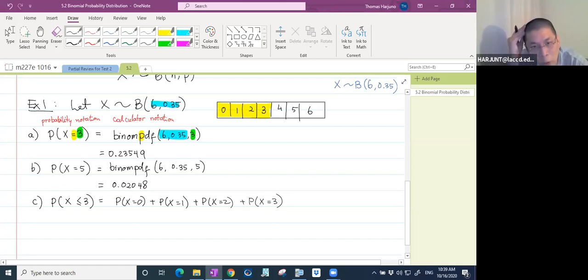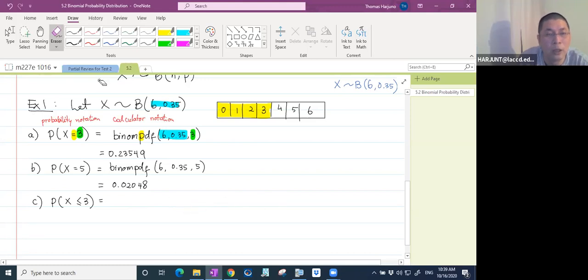Now the problem is if you want to do it one by one, it will take a lot of calculator notation and a lot of rounding errors. So instead of computing it that way, we will use the calculator right away. It has this function on our calculator called binom CDF. The C there stands for cumulative. I hope you understand what the word cumulative means.